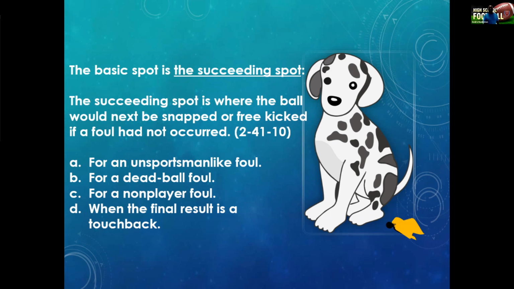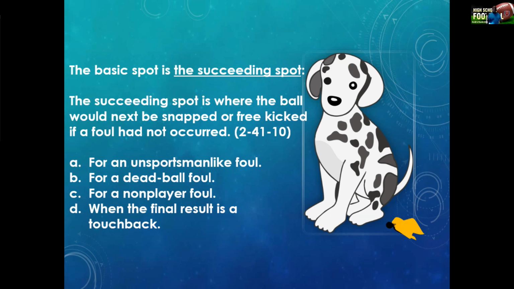If they score a touchdown, let's say it's taunting, and they get into the end zone, and we threw a flag for taunting before he scored, it's not a spot foul. It's a succeeding spot foul, which means where would the ball be next after the touchdown if no foul had happened? The try, or by rule, it can be the subsequent kickoff.